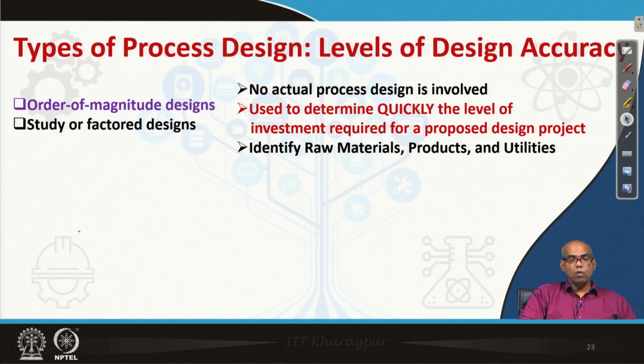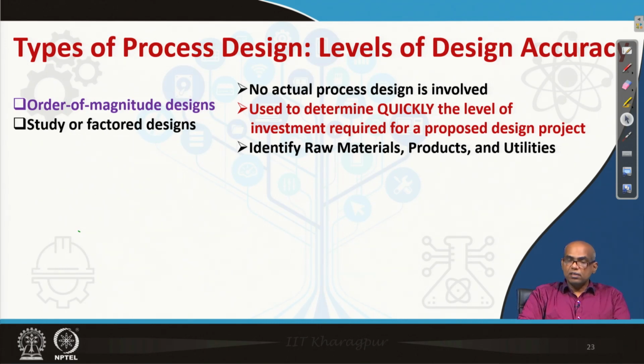Now, for order of magnitude designs and study or factor designs, no actual process design is involved. These are used only to determine very quickly the level of investment that may be required for a proposed design project.